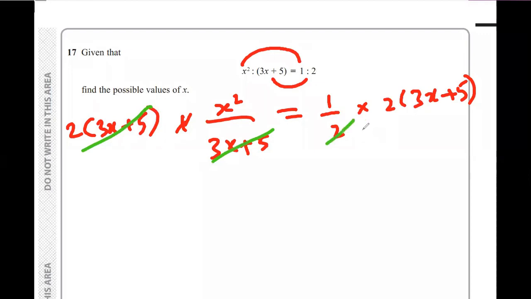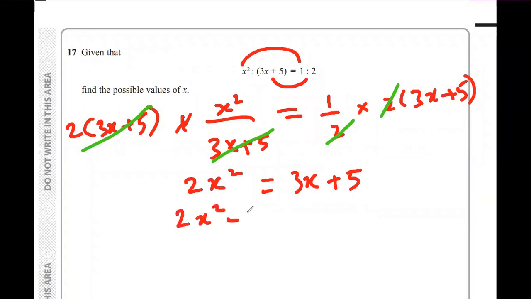The 2 and 2 get cancelled, so we are left with 2 times x squared, which will be 2x squared, and that will be equal to 1 times the 3x plus 5, which gives me 3x plus 5. If we take the 3x plus 5 from both sides, we'll get 2x squared minus 3x minus 5 equals 0.